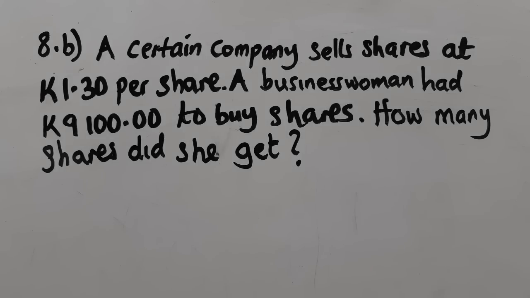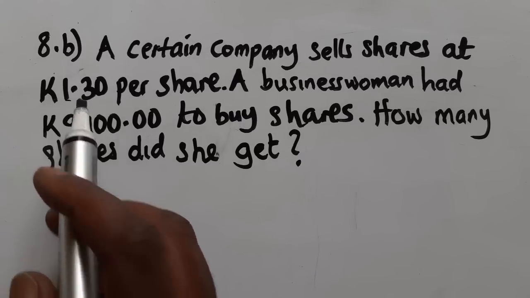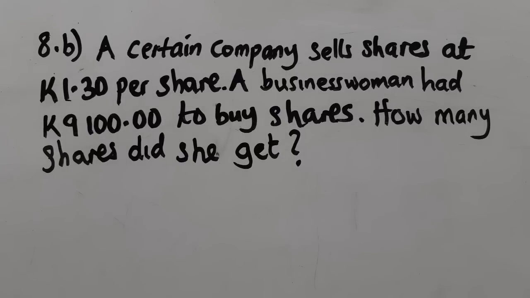So B is here. It reads, a certain company sells shares at 1 kwacha 13 ngwee per share. That is, you buy 1 share at 1 kwacha 13 ngwee.